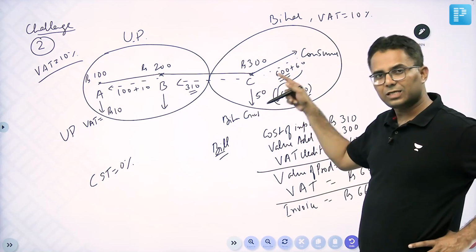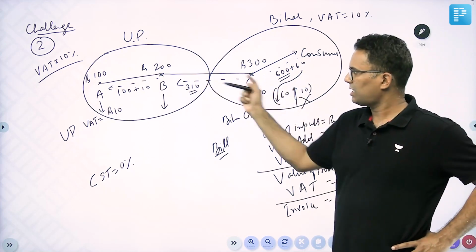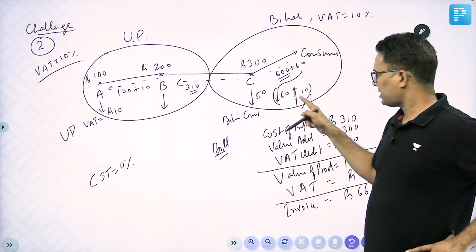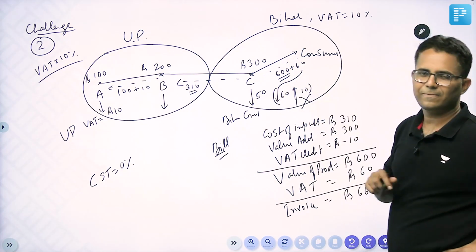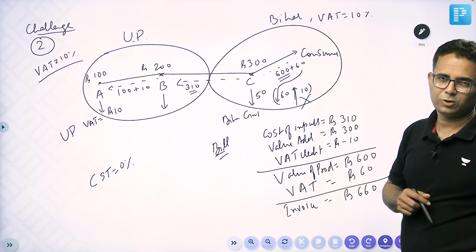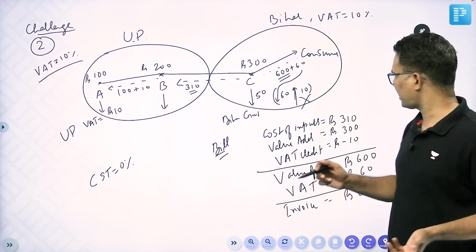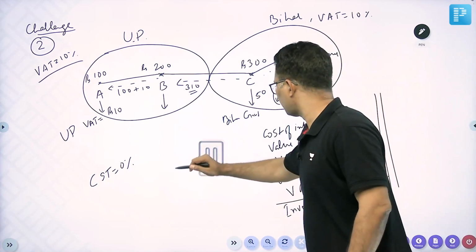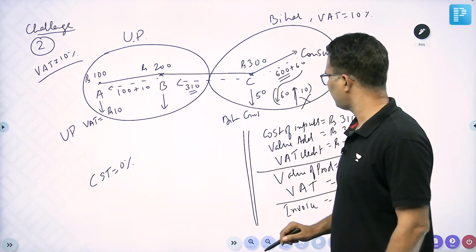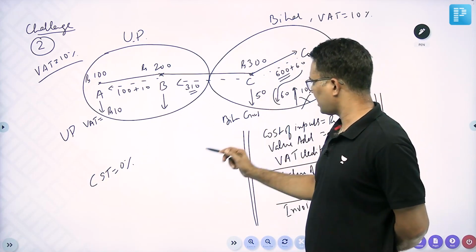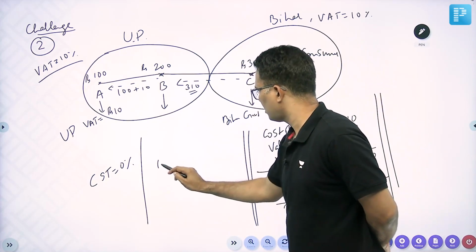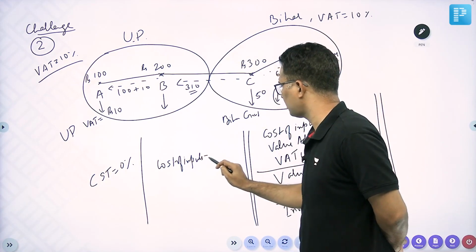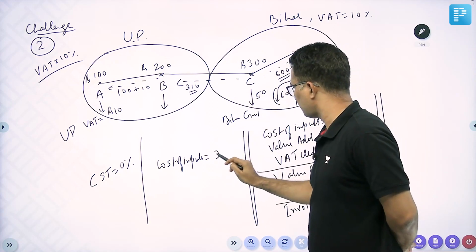So C understands that since it has purchased from other states, it will not get the credit. So when C understands that C will not get the credit, how does he prepare the bill? He will write cost of inputs 310.